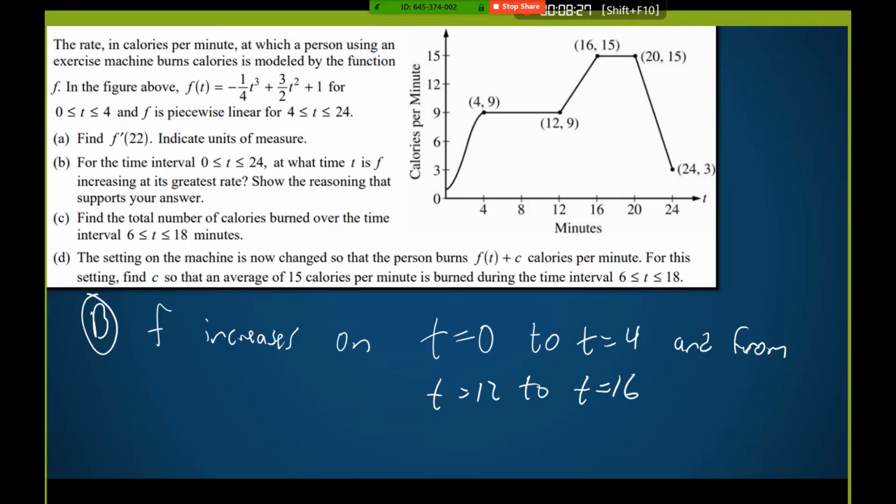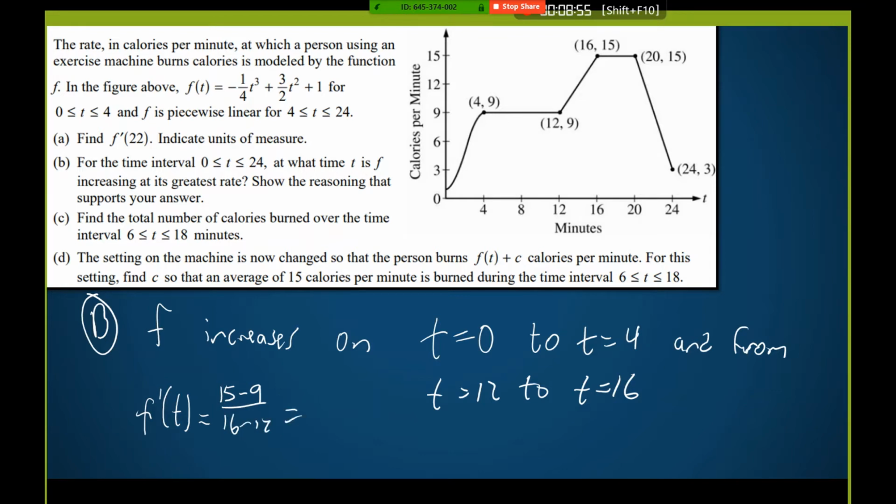Kyle, what's my slope of this graph between 12 and 16? 15 minus 9 over 16 minus 12.